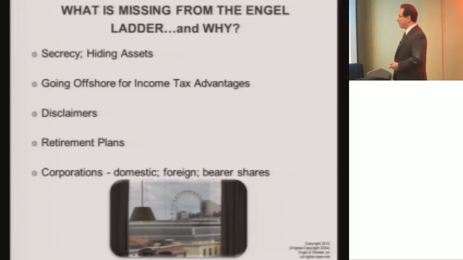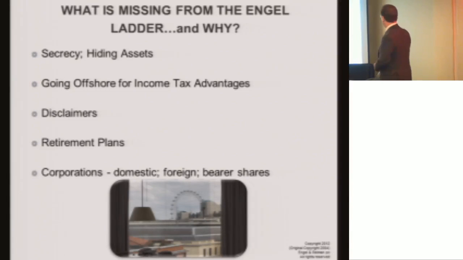That's a possible technique, depending on whether the state determines that sort of thing to be a fraudulent transfer or not. In some states it is, in some states it's not. But if a client comes in with a balance sheet and says, here's what I have, help me protect it, you can't really talk in terms of disclaimers. So it's not on the ladder.